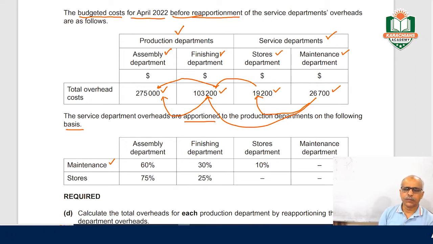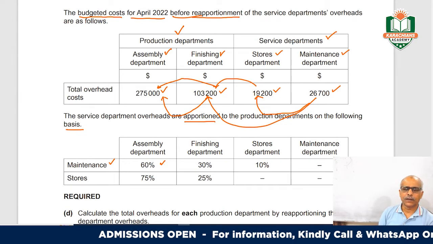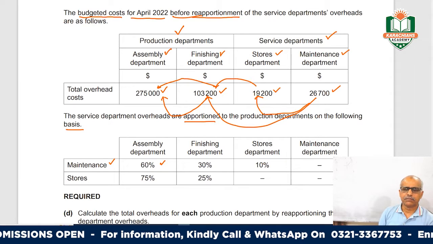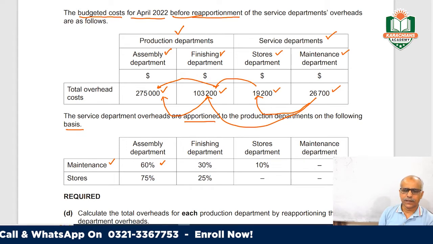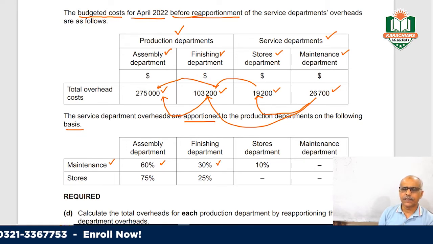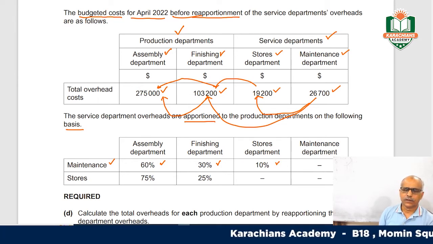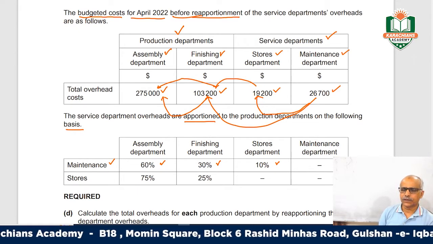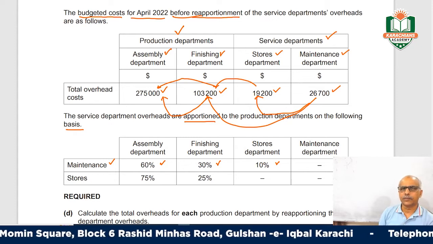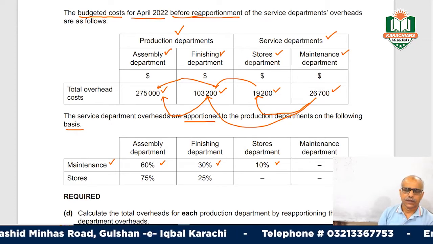Maintenance people spend 60% of their time in assembly work, 30% in the finishing department, maintaining machines and other plant related equipment, and they spend only 10% in stores because stores do not have many machines. So these are the bases.